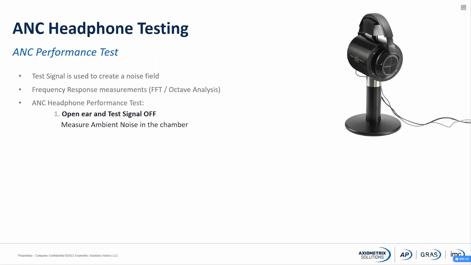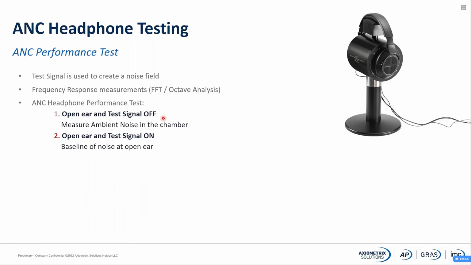The first measurement we are going to perform is with open ear. By open ear, I mean that we have the test fixture without any headphone or headset, and with the test signal off. With this measurement, we're going to be measuring the ambient noise inside the test chamber. For the second measurement, still with open ear, that means without DUT, we're going to turn on the signal generator with pink noise or whatever signal we're using, and then we're going to measure the baseline of the noise with open ear.